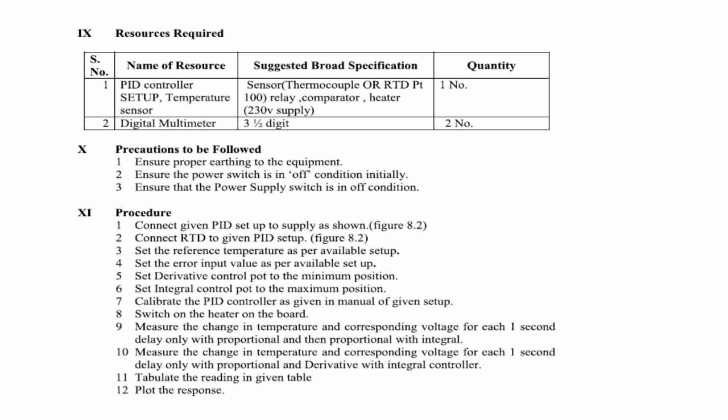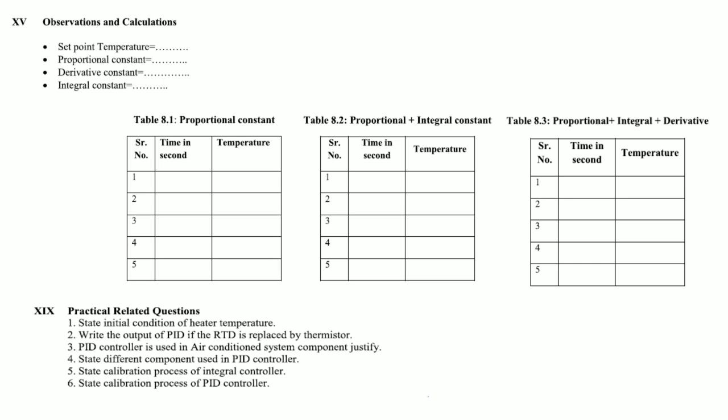Tabulate all the readings and plot the graph. So here, the calculation tables are given to write the readings. Students must solve any two questions from this given practical related questions.